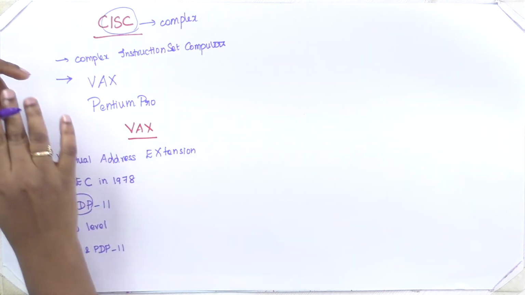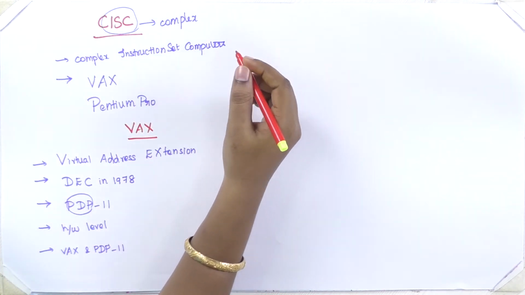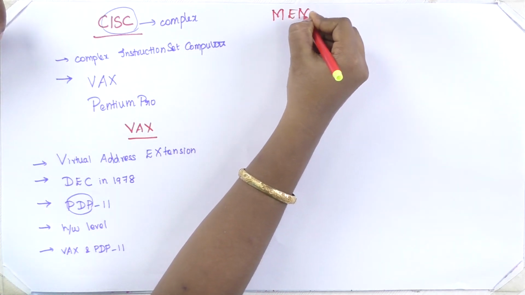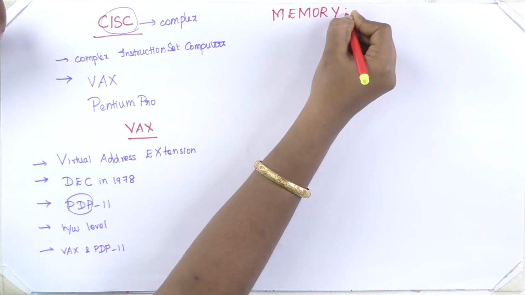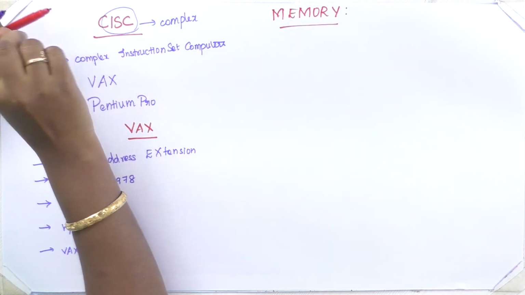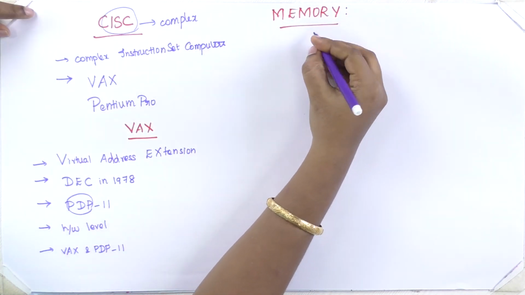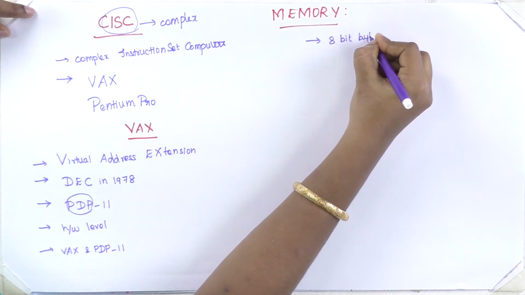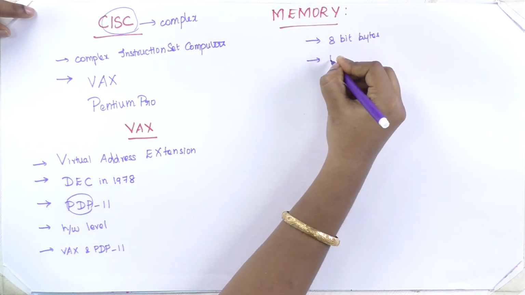Now let us see the first hardware feature, memory. Memory in VAX architecture is of 8-bit bytes, so all are byte addressable.